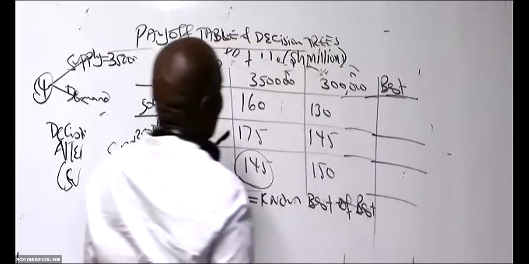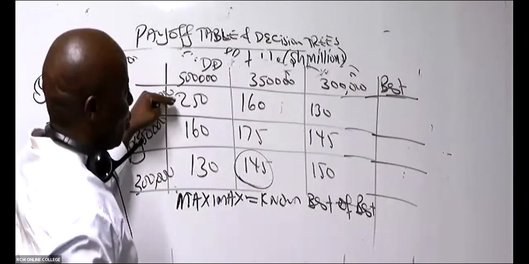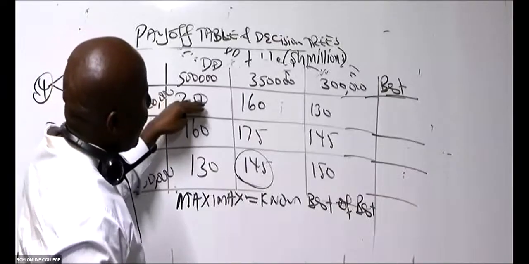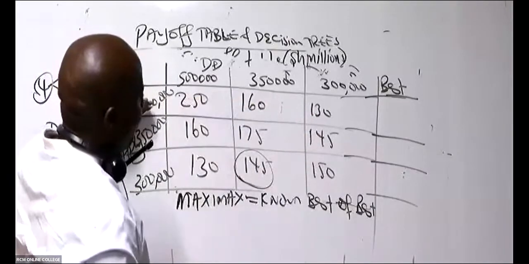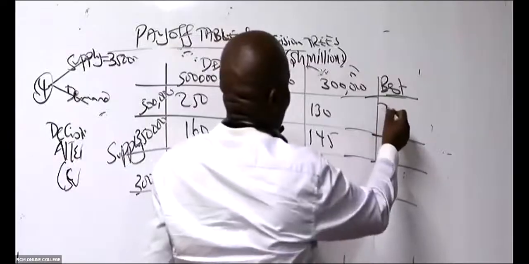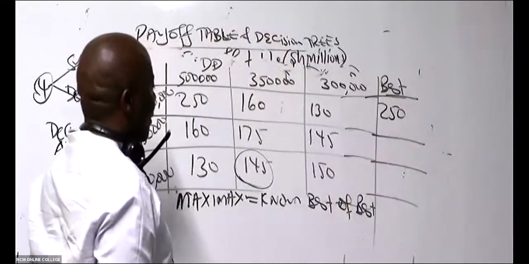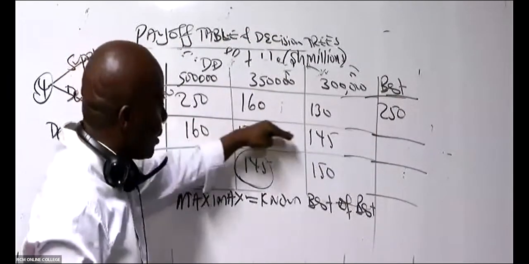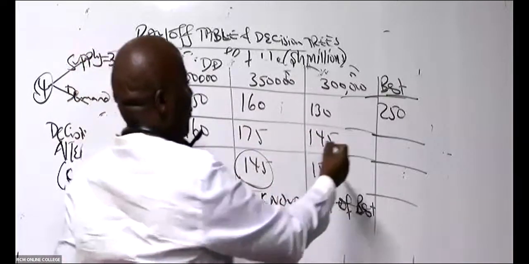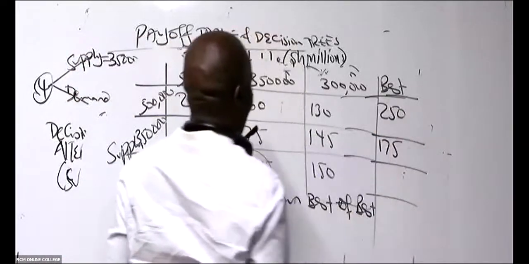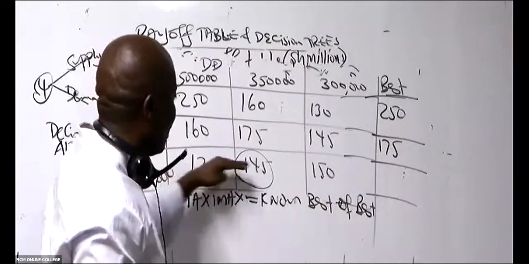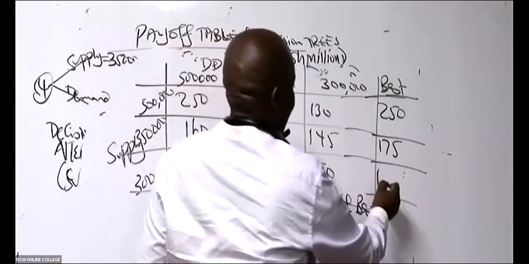You move for each row. Like now row number 1, the very best profit is 250. The very highest here is 175. Then the very highest here is 150.